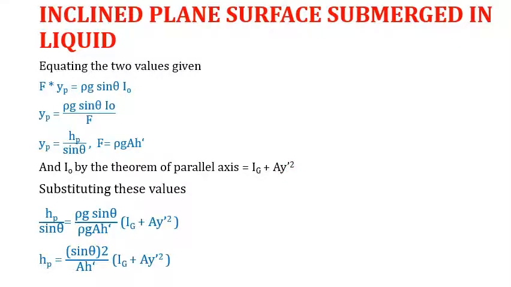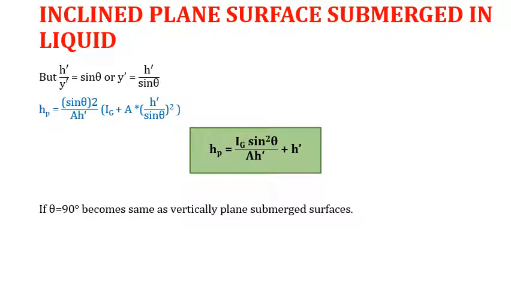So substituting these values and solving, this is basically y dash square sine square theta. This sine goes over here, so we have a square over here, and solving, finally you will get this expression. Hp is Ig sine square theta over A H dash plus H dash.